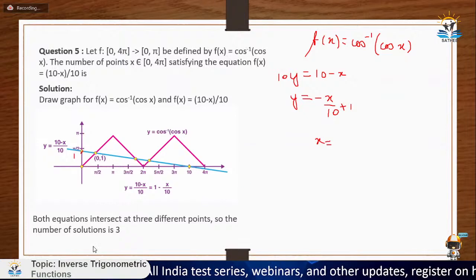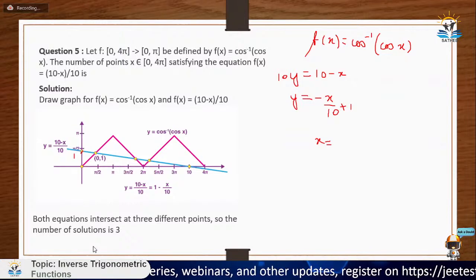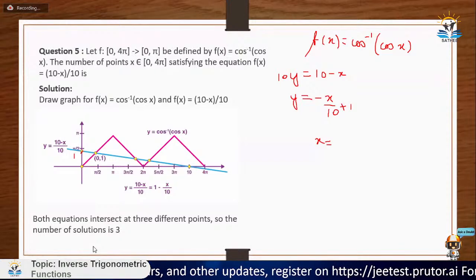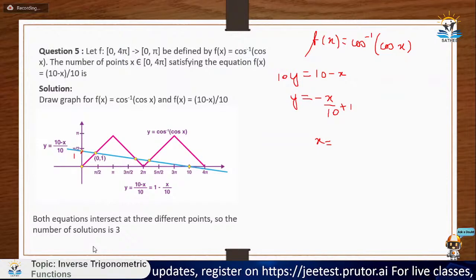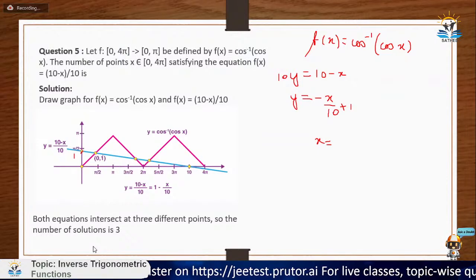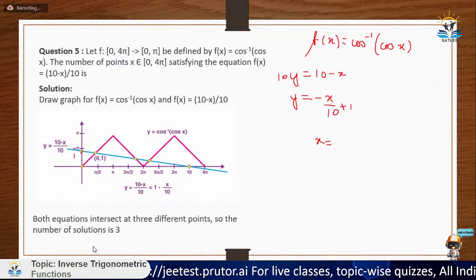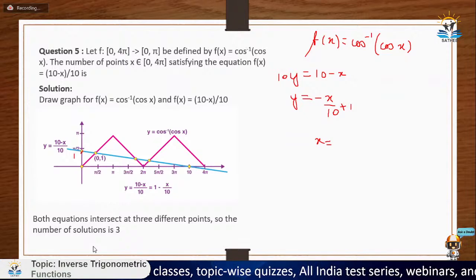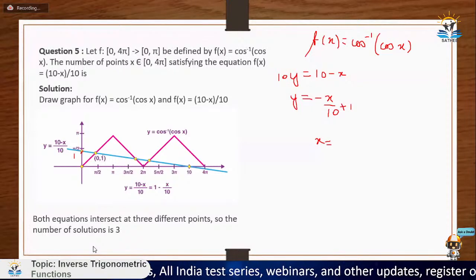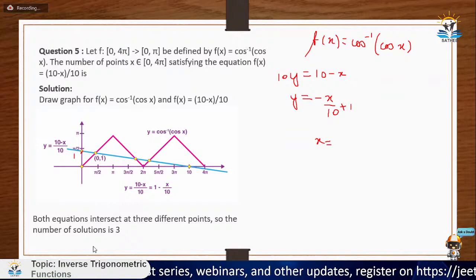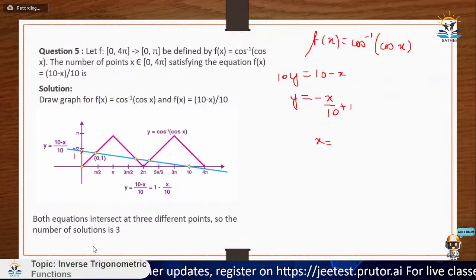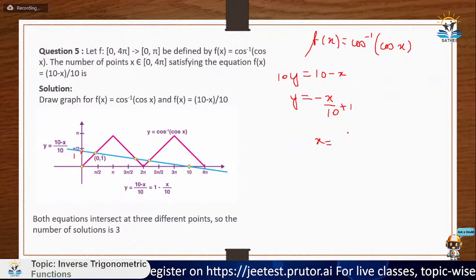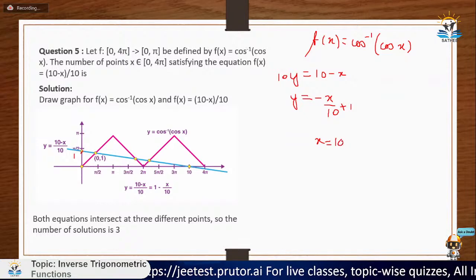So we are getting x equal to 10 when y is equal to 0.